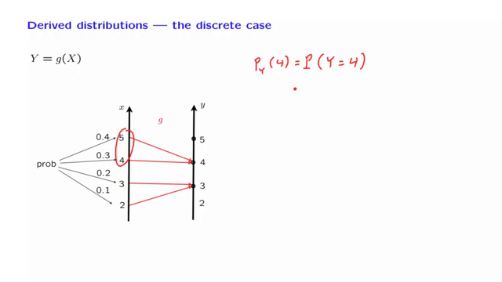Therefore, this expression is equal to the probability that X equals 4 plus the probability that X is equal to 5, or in PMF notation, we can write it in this manner.